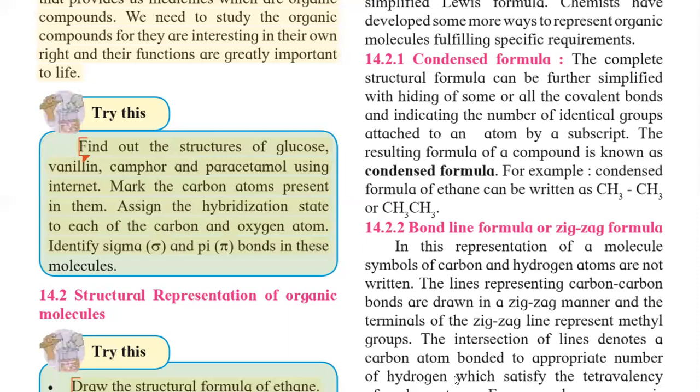We know the atomic orbitals are s, p, d, and f, which we will study in the chapter Structure of Atom. The atom consists of a nucleus at the center, surrounded by different orbits, and in these orbits there are suborbitals called subshells: s, p, d, f.